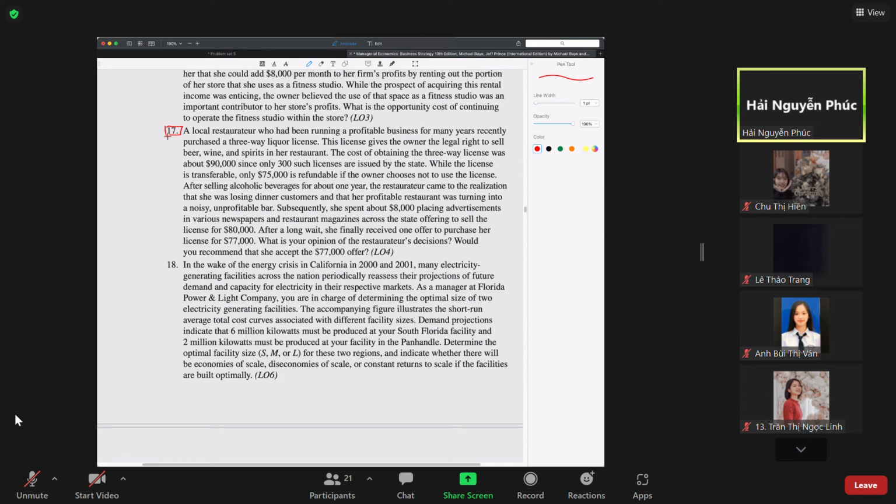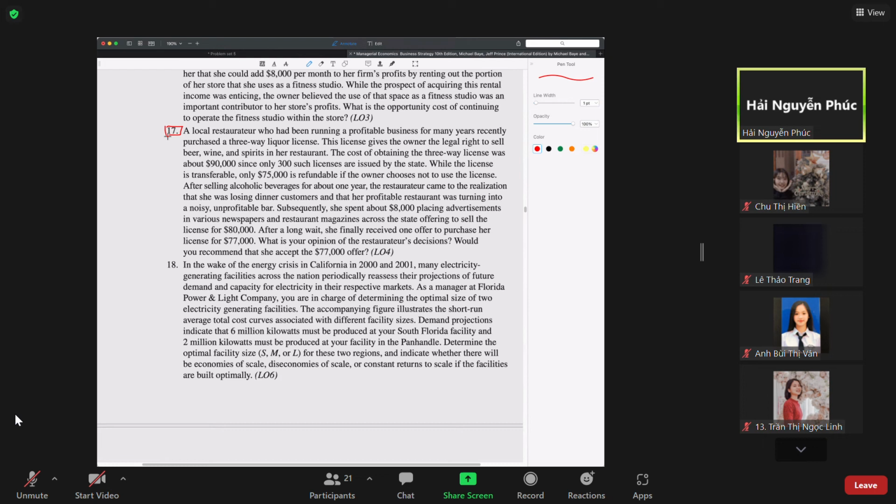While the license is transferable, only 75 is refundable if the owner chooses not to use the license. After selling alcoholic beverages for 1 year, the restaurateur came to the realization that she was losing the dinner customers, that her profitable restaurant was turning into a noisy, unprofitable bar.